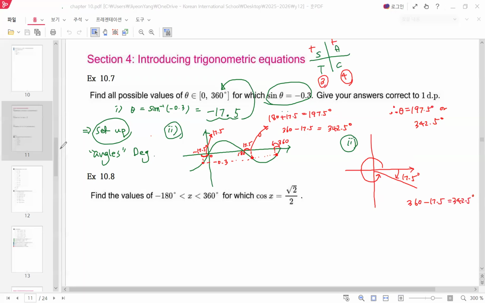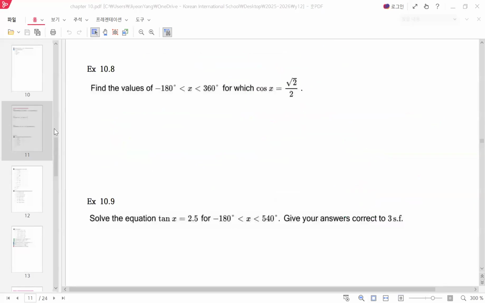For the third quadrant, which is here, you need to make this angle the same as this angle. So you read this angle from the positive direction, 180 plus 17.5, which is 197.5. So the answer is the same. Do you understand? Let's move to the next question.